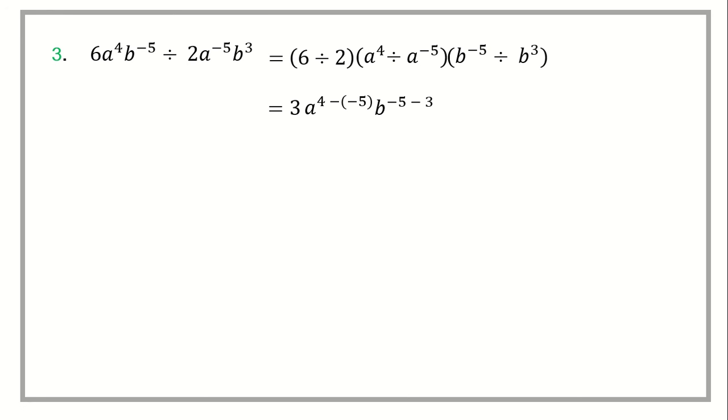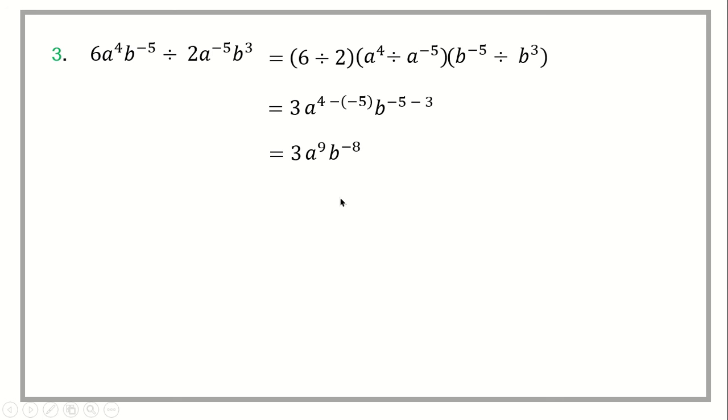Such that we get 3. Now 4 minus negative 5 gives us 9, so that we get a to the power of 9. Then b to the power of negative 5 minus 3 gives us b to the power of negative 8.